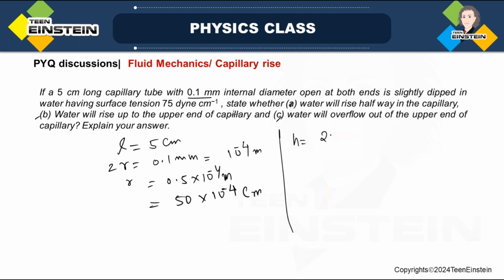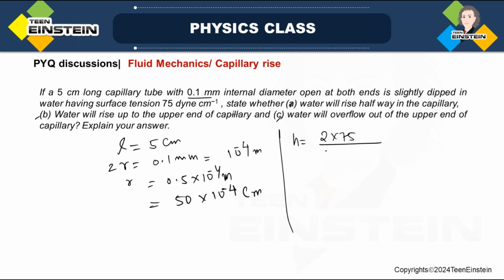So 2T is 75 dyne per centimeter. Cos theta over rho R g.